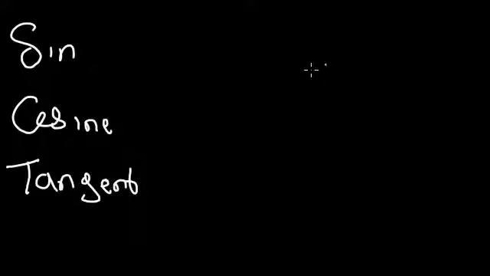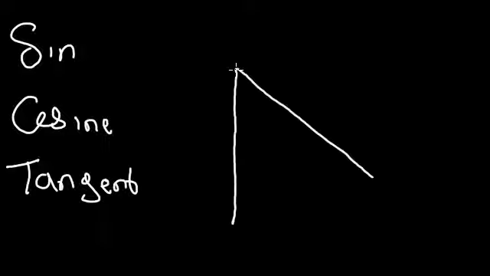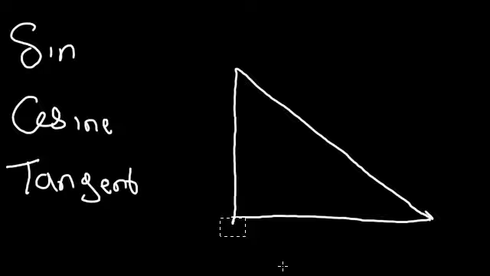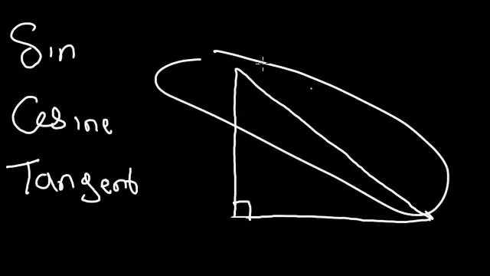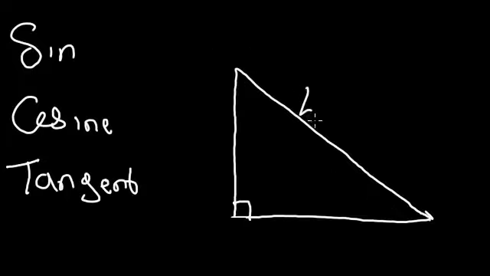So let's consider a right angle triangle. Now we know that from Pythagoras theorem, for any right angle triangle, the longest side of this triangle, which is typically this side, is called the hypotenuse, written for short as HYP.